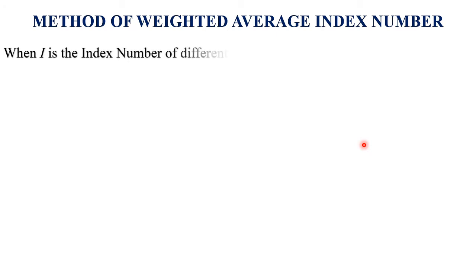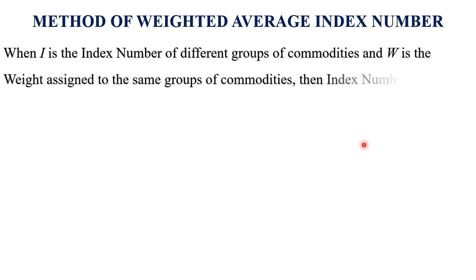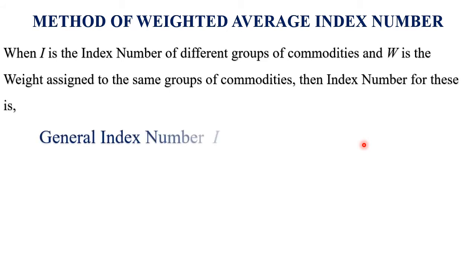When I is the index number of different groups of commodities and W is the weight assigned to the same groups of commodities, then the general index number I is equal to summation IW divided by summation W. Here, multiplication by 100 is not there, because we have already calculated the index number in which we have multiplied with 100. So I is the index number, W is the weight.